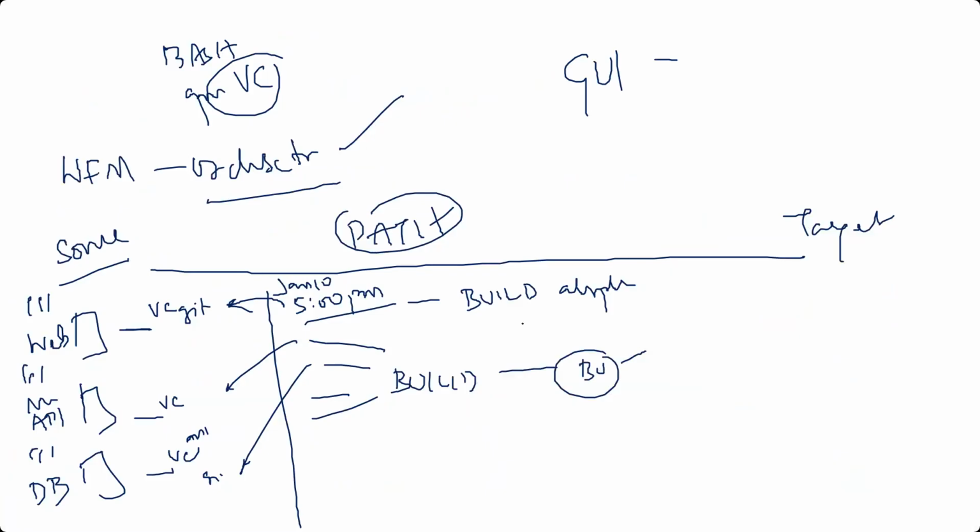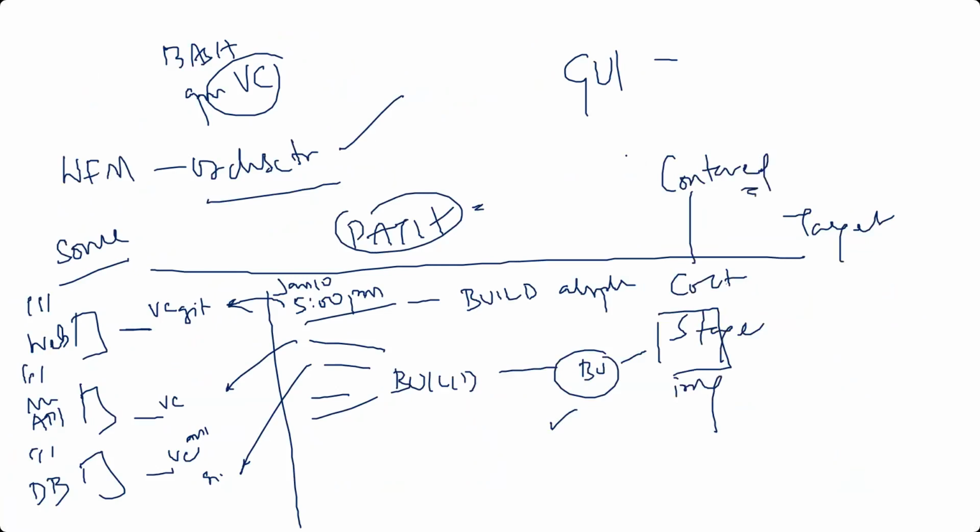Once the build is ready in the workflow management, you can automatically create a stage image by creating a container. You can use a container tool or Podman. These are old tools, these are not Docker. They create a stage snapshot, they create a prod snapshot, and they give this to the QA team.